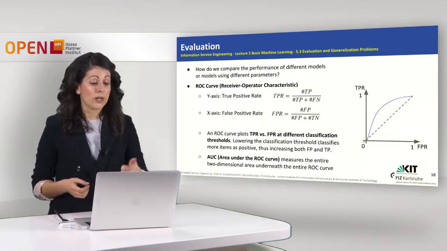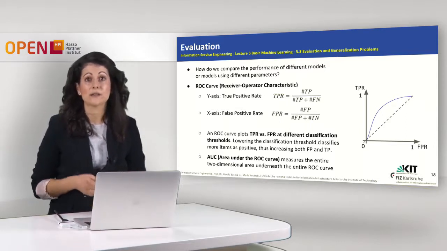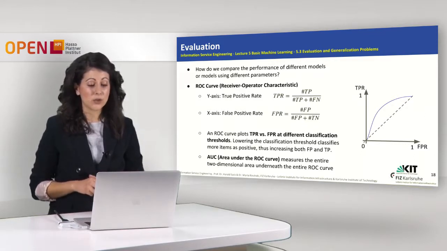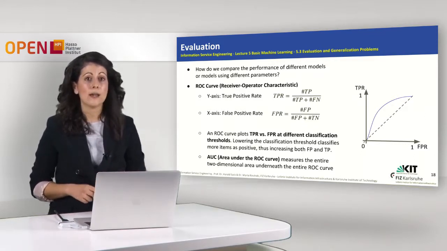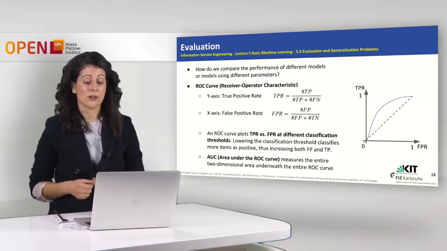For that, we use the ROC curve, which is the receiver operating characteristics curve, and it looks like the one that you see here in the figure, where on the y-axis we have the true positive rate, which is the ratio of true positives divided by true positives and false negatives, which is recall.